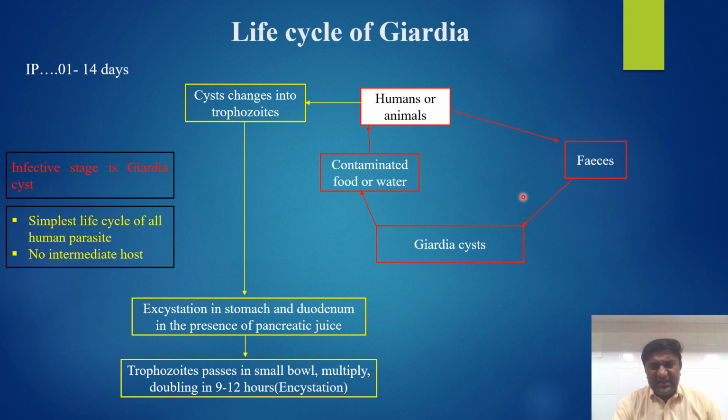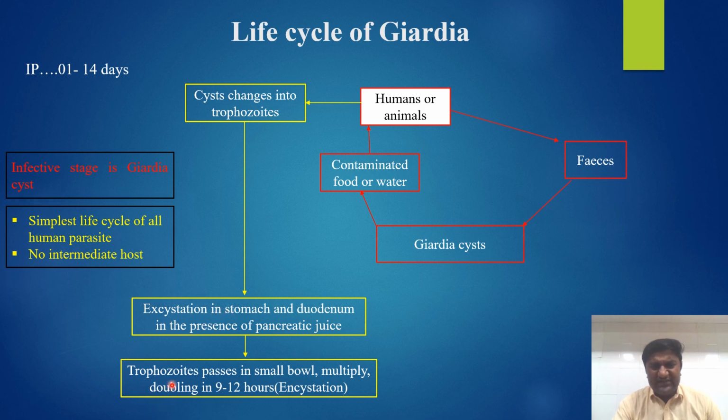With the help of contaminated food or water, when humans or animals eat them, the Giardia cysts enter the host. Excystation occurs in the stomach and duodenum in the presence of pancreatic juice, changing the cysts into trophozoites.